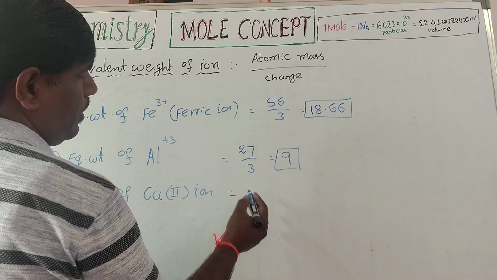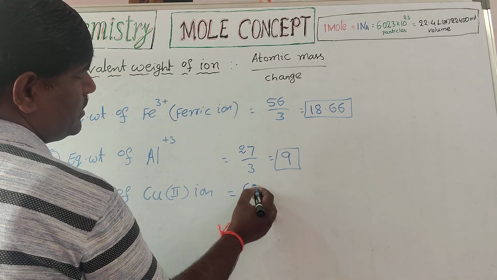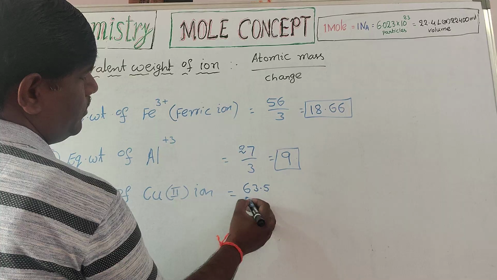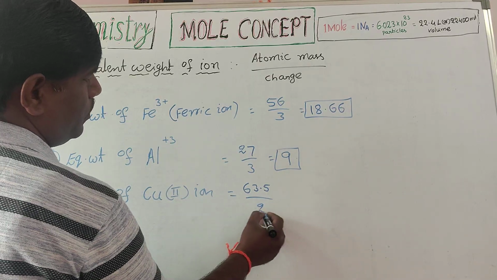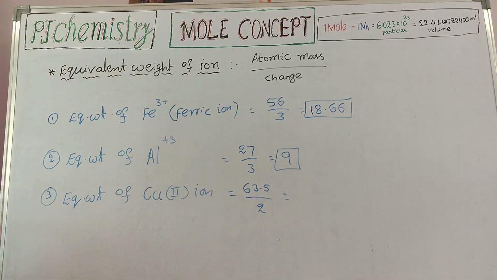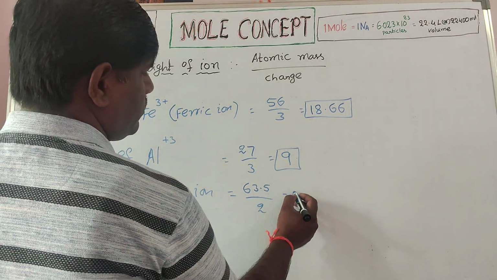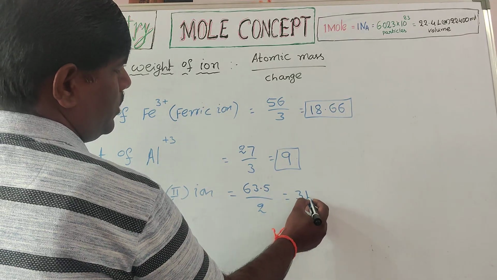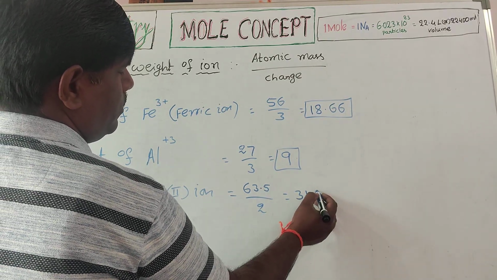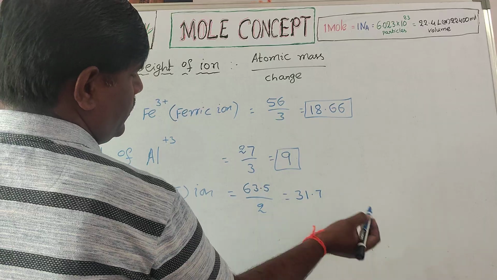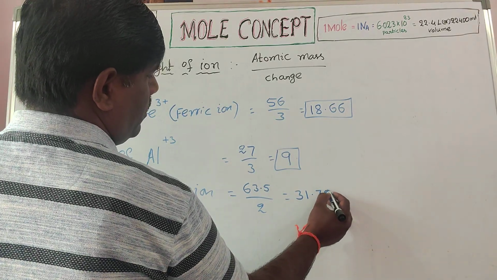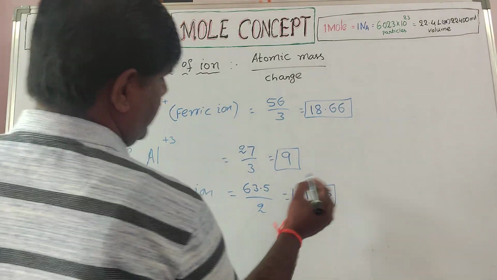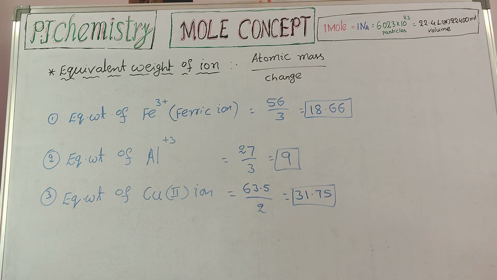So copper is 63.5, divided by 2. How much will we get? 2 threes are 6, 2 ones are 2, 2 sevens are 14. So 31.75 is the equivalent weight of the copper 2 ion.